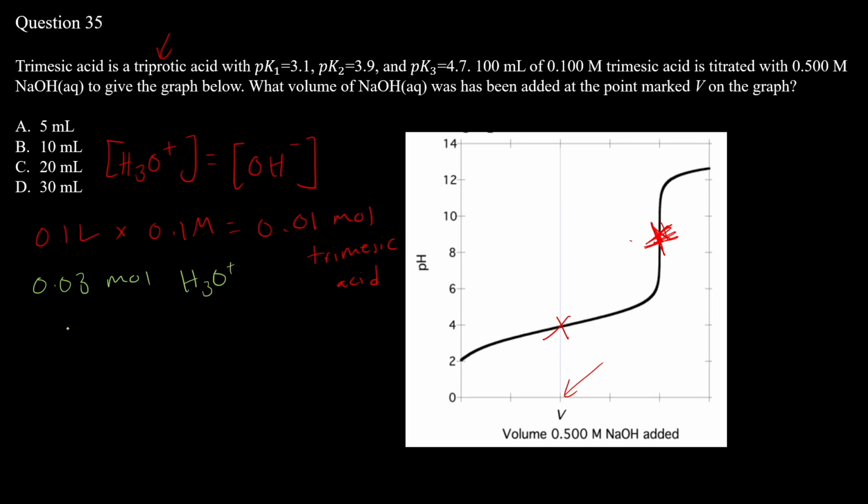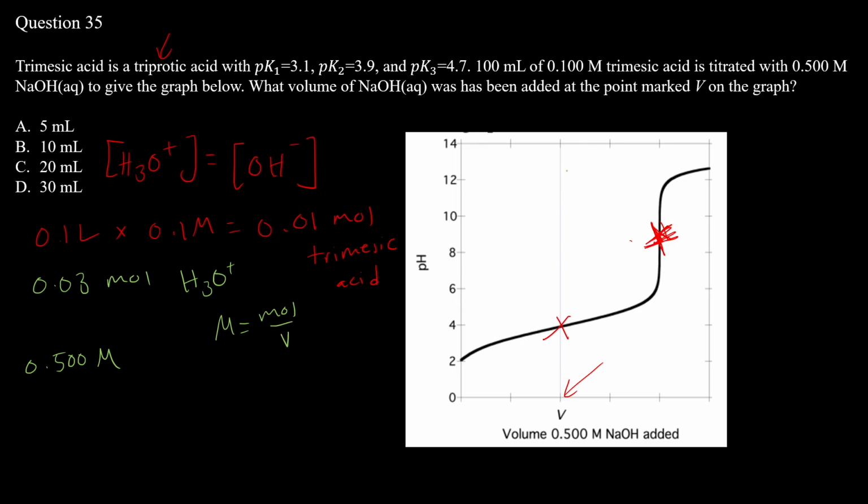If at this point all 0.03 moles of hydronium has been reacted, we need to find what volume of sodium hydroxide we need in order to have 0.03 moles of hydroxide. So we know our concentration is 0.500 molar. If you ever have trouble converting molar to moles or volume, remember what molar stands for: moles over volume.